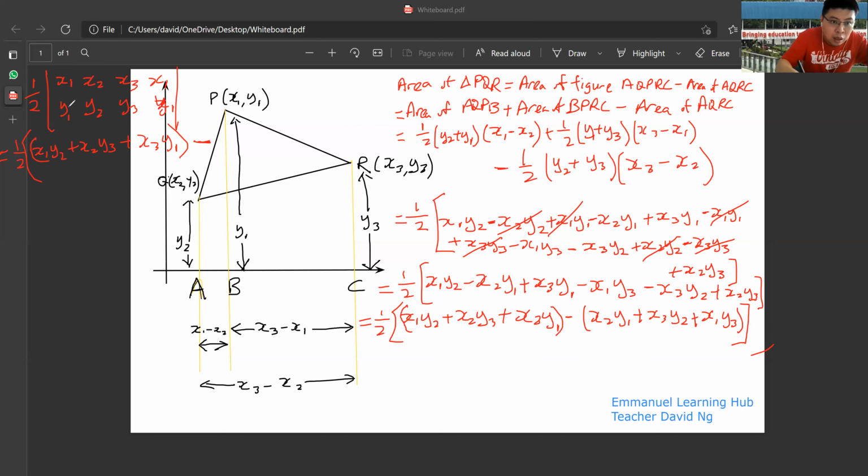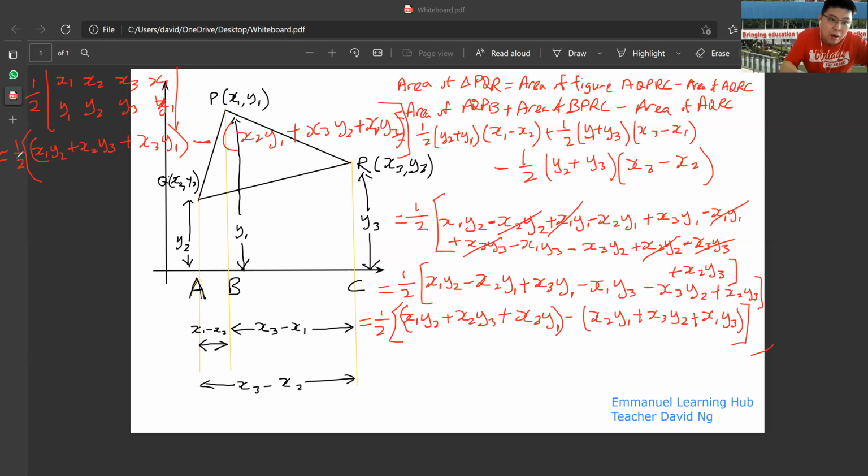Then minus the positive gradient x2, y1, plus y3, x3, y2, plus x1, y3. Okay. You got this also. You notice? Can you see? x2, y1, x3, y2, x1, y3.